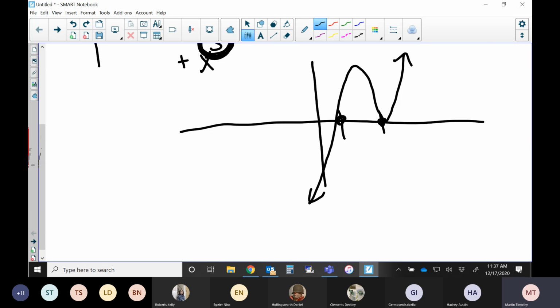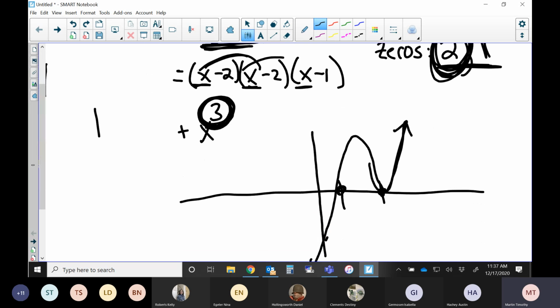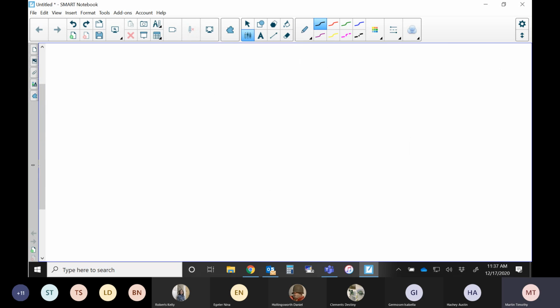Anytime, please listen, anytime something has an even multiplicity, so this was a multiplicity of 2, it hits the x-axis and bounces right back to where it was. Anytime it is odd, it goes right through the x-intercept. So let's try to practice that.